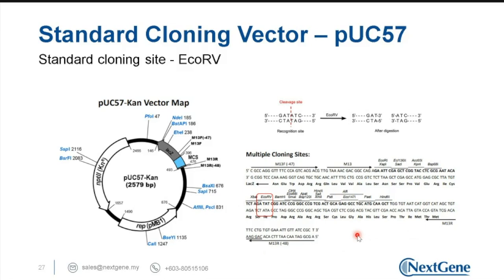Over here, if the user does not have any specific requirement, we will open up the EcoRV site of this MCS, which generates a blunt end, and the gene of interest will be in between. It will be the continuation of this sequence. Over here you continue with the gene sequence, then continue with the plasmid sequence, and then form a round shape.